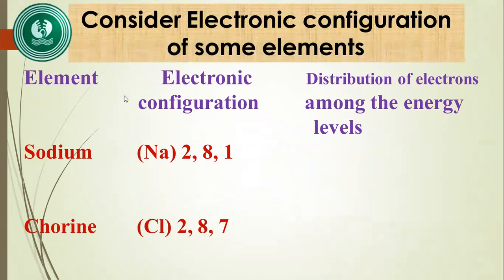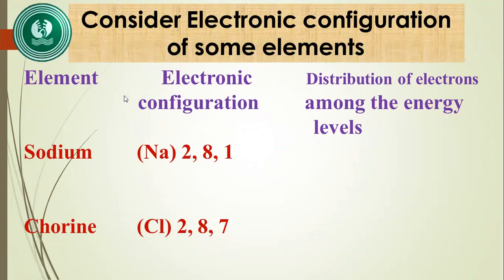You see the electronic configuration of sodium and chlorine. The atomic number of sodium is 11 and of chlorine is 17. So the electronic configuration is 2,8,1 for sodium and 2,8,7 for chlorine.